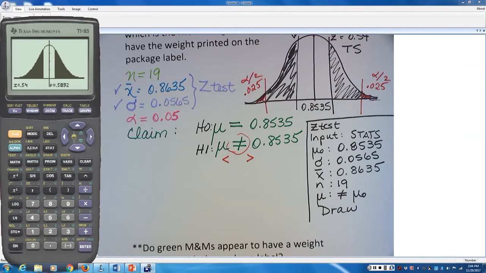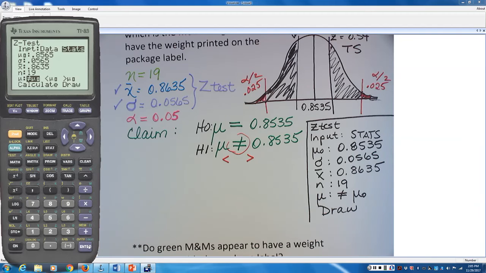Yes? What is the number that you put up on the board? Let me make sure I put my numbers in right then. Okay, so stats, 0.85.